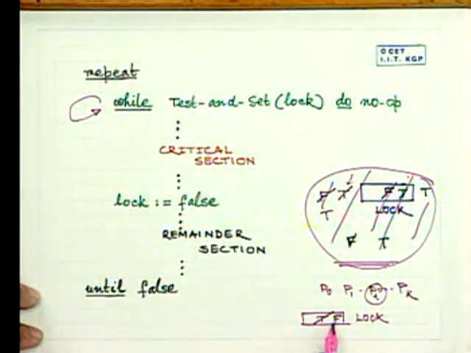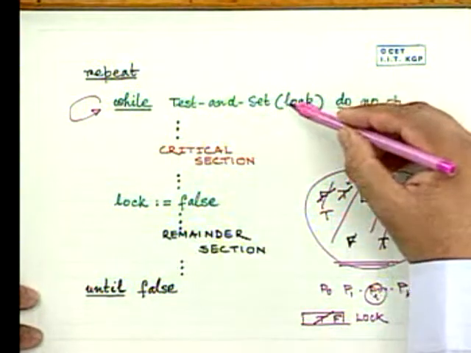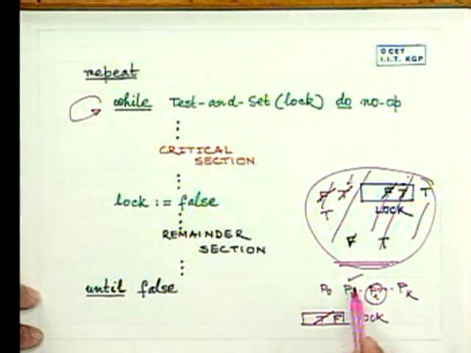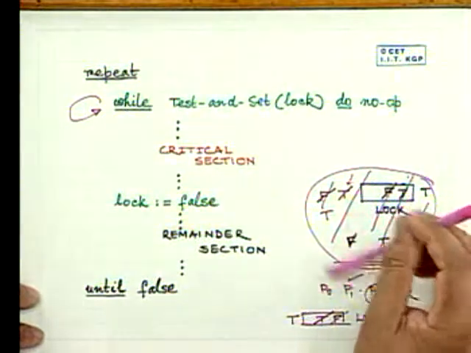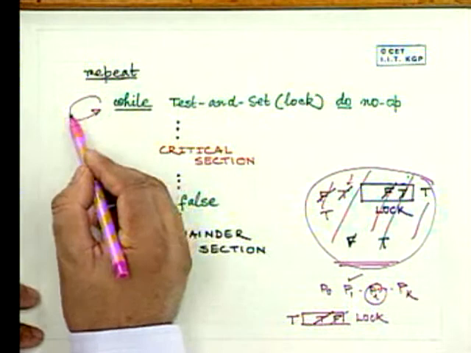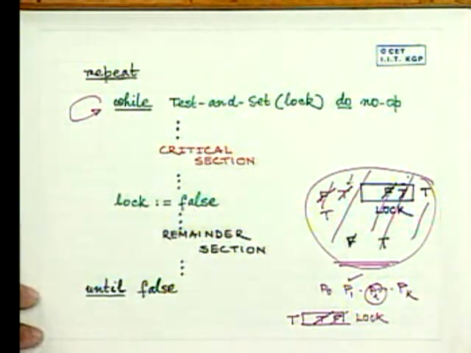The moment it is false, one of the other processes, P0, P1 to Pk except Pi, will try to execute the test and set. Since it is an indivisible operation, one of them, say P1, succeeds in executing its test and set, and as it executes, this false will be made true and P1 will enter its critical section. Others will find it true once more and will be waiting in this entry section.